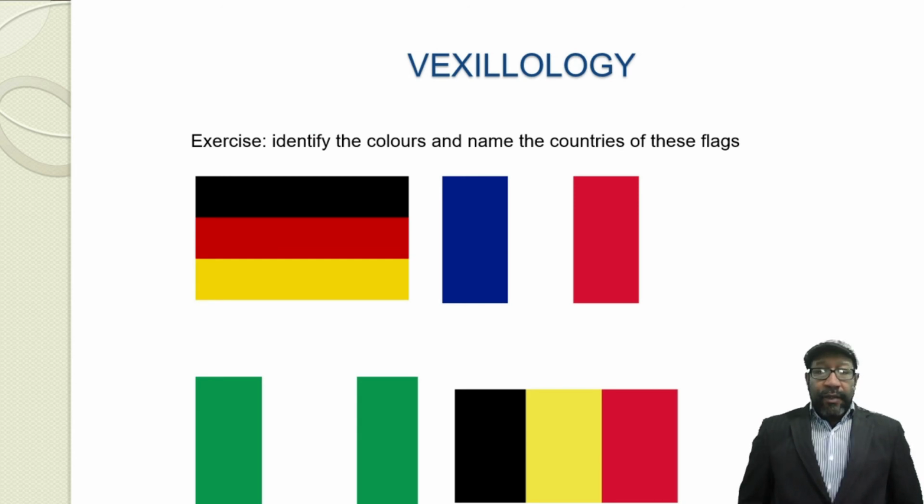And here we're gonna do an exercise on vexillology. Vexillology is the study of flags, right? And the exercise is to identify the colors and the name of the countries of these flags. So you have here four flags, and you have to identify the colors and name of the countries of these flags.